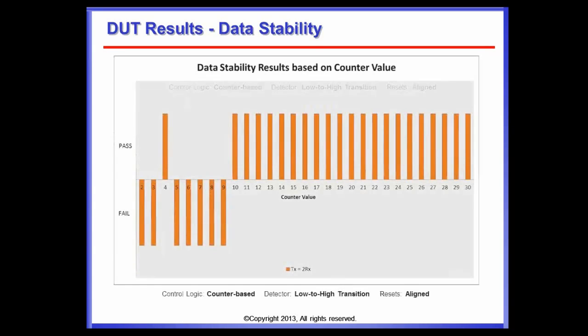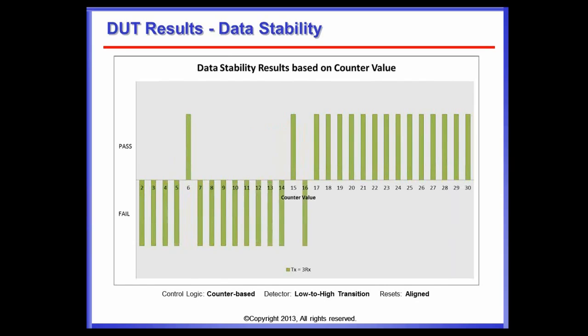Thank you. So if you look at the data stability checks based on the counter value, you see that this is not obvious. For a ratio of 2, with counter values 2 and 3 you have a fail, 4 works, the following do not work, and then from 10 on it works again.